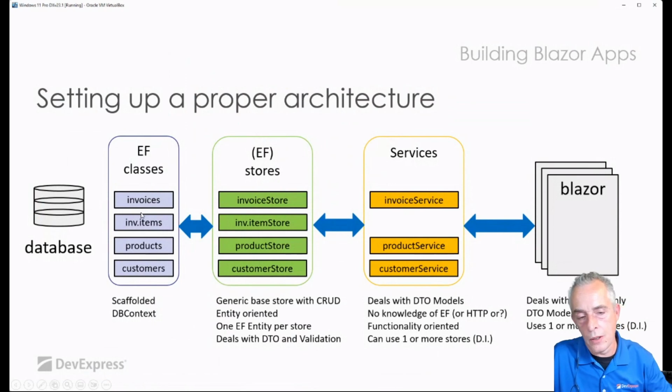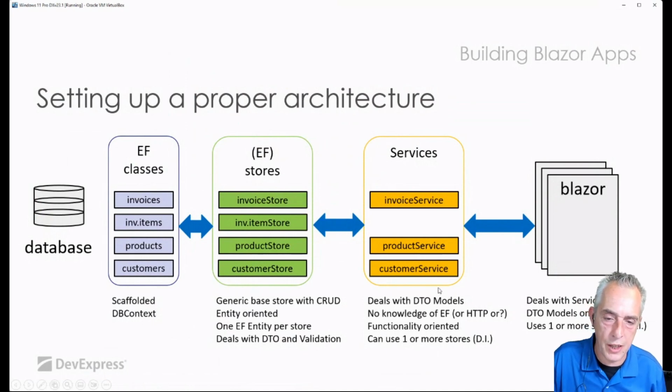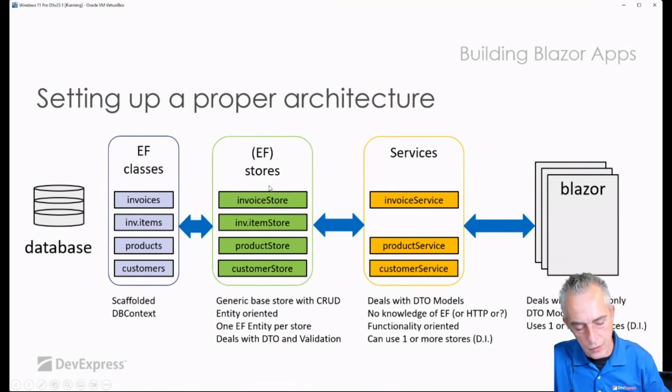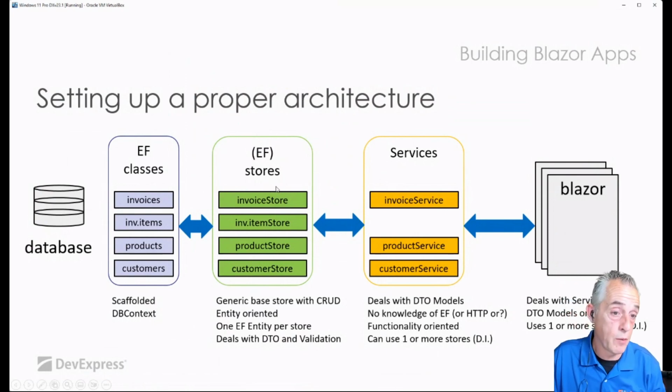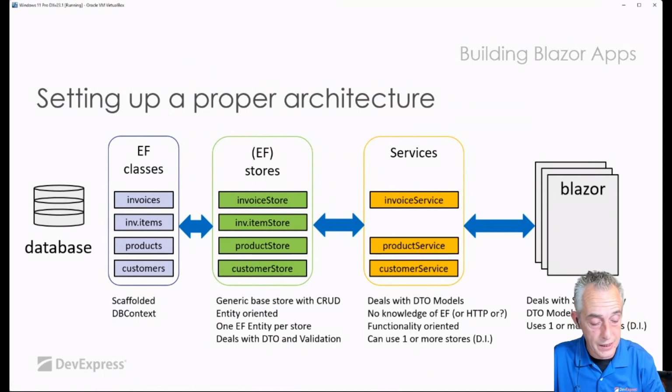We want to hide that away from the UI. And we will do that through those stores. So the Blazor UI will, because we don't have the service set up yet, use the store for certain functionality, and we can reduce code from the front end, and that's exactly what we want, and also hide away the entity framework models.